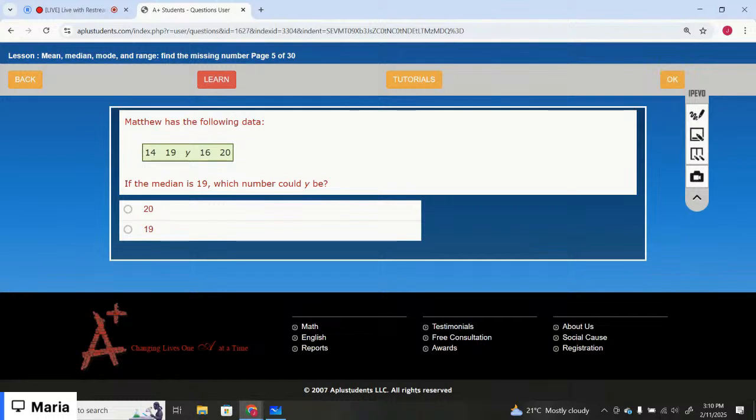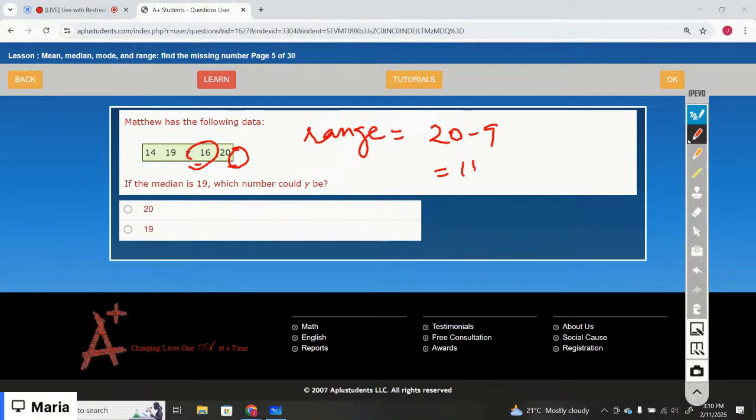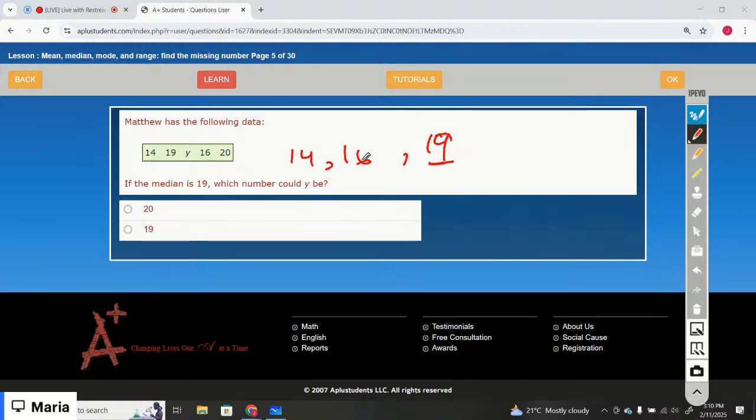Matthew has the following data. If the median is 19, what number could Y be? Median is 19. That is the middle number. The numbers before the 19 are all the numbers that are smaller than 19.